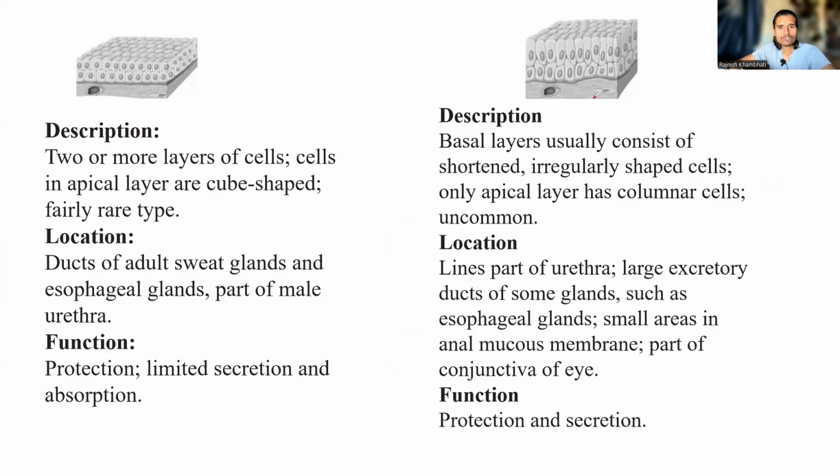Okay, so these are the two tissues. Now you can see this diagram. This is layer number 1 and this is layer number 2. What is the shape of this cell? The shape is cube shape. So according to the shape, the name is given cuboidal. Stratified compound, cuboidal compound stratified.